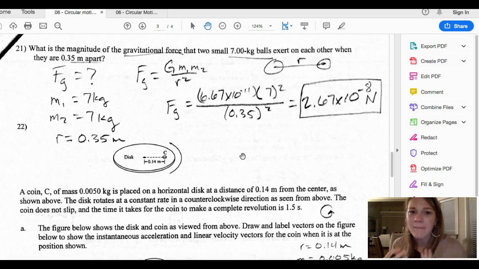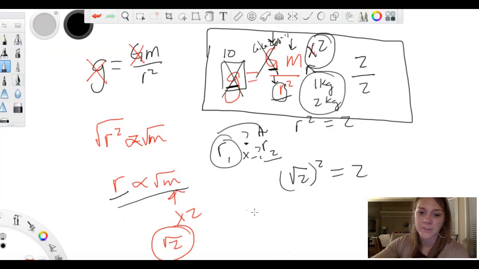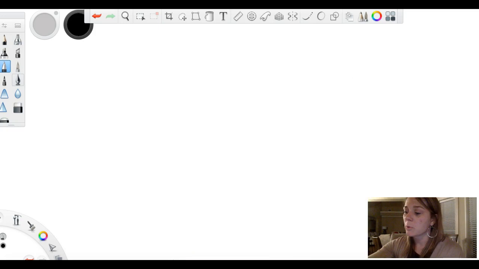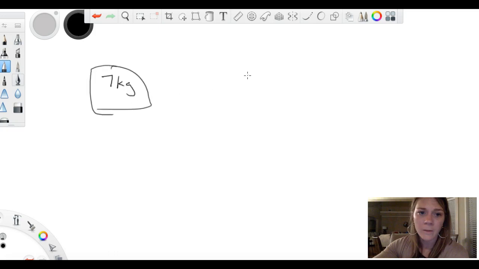Because gravitational force is created by all objects that have mass. So if 2 objects that have mass are near each other, they are going to have a gravitational force on each other. So we have a 7 kilogram ball over here and a 7 kilogram ball over here, and they are 0.35 meters apart.